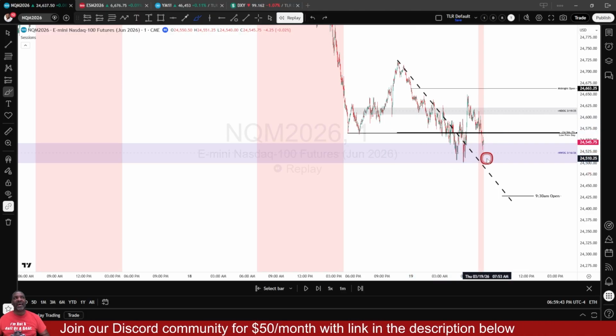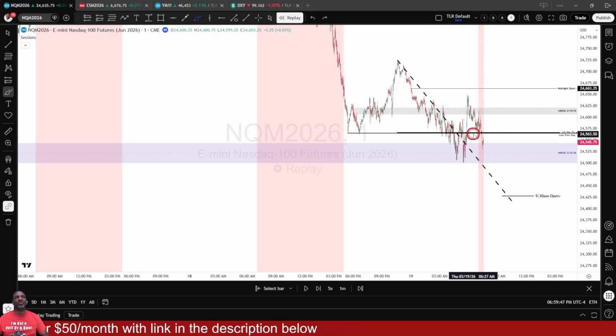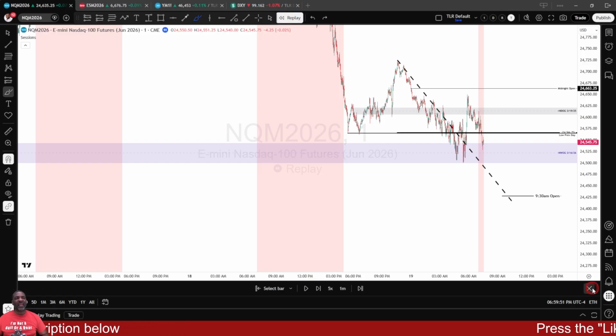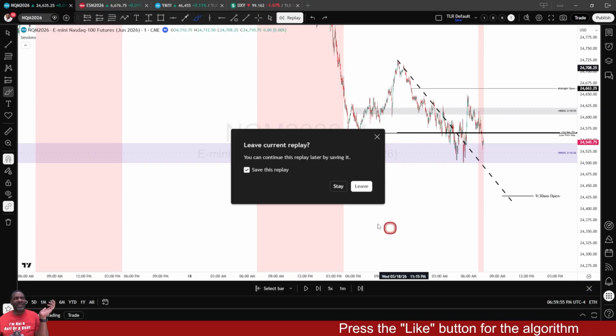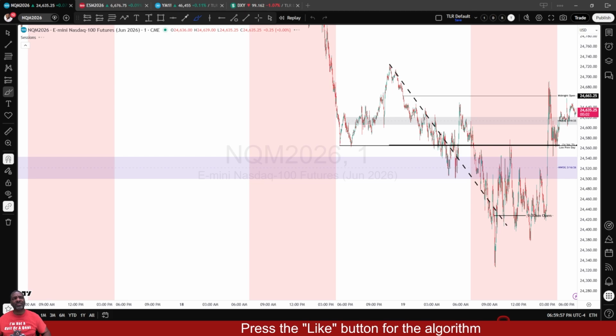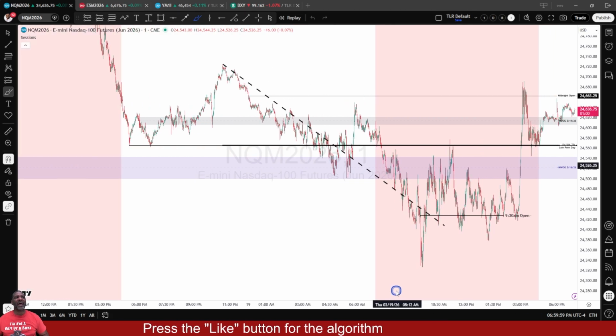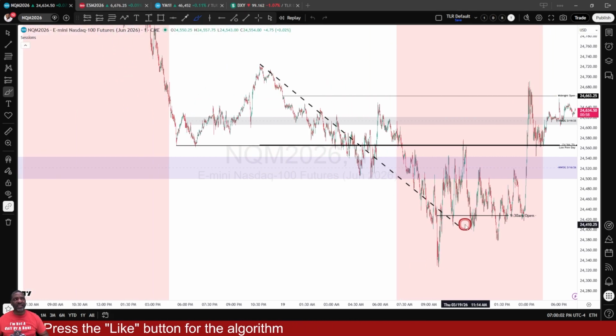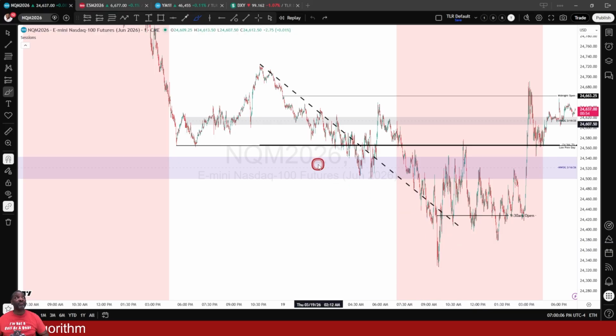This is a way that the algorithm is kind of tipping its hand to you of what it's going to do. Is it going to be exact? No, it won't be exact. Sometimes you might hit it on the head, but it gives you a rough estimate of how far price can go. And see, we went there and said price can pretty much go there, right?